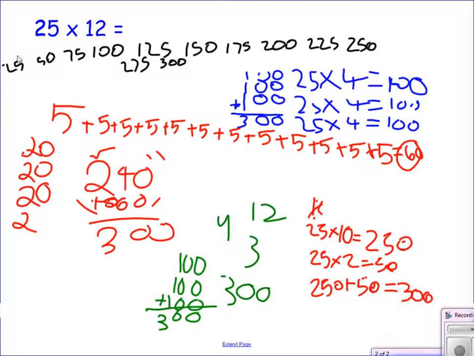And I'm going to move to a new page just so we have room. And can you show me 25 times 12, Andrew?